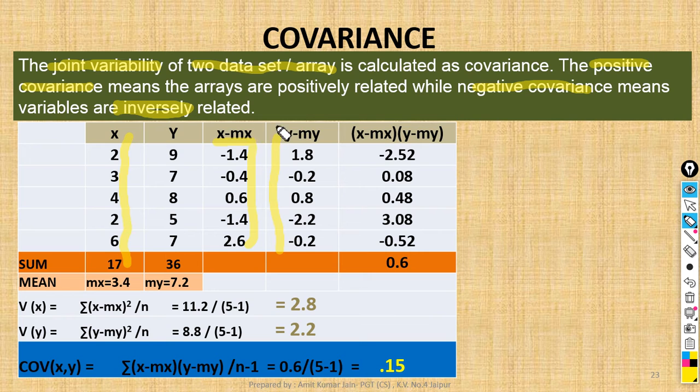Finally, we will multiply both of the columns, x minus mx and y minus my. Here it is. And finally, we will get the summation of the products.